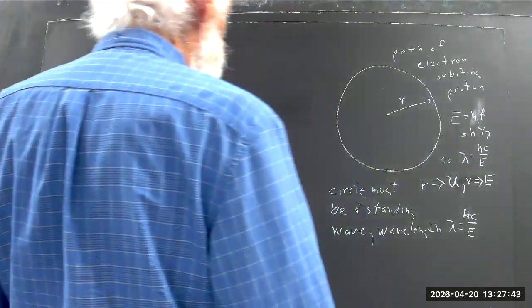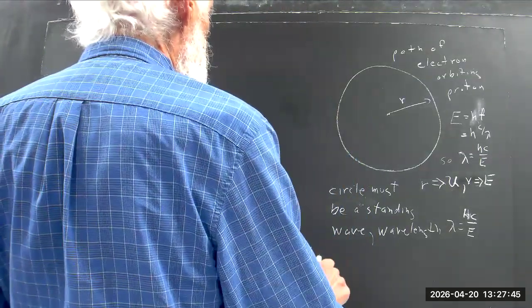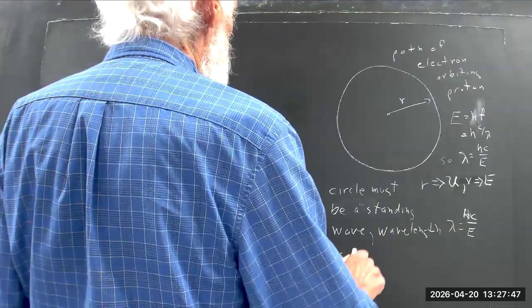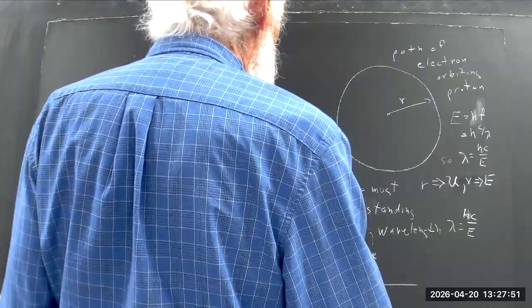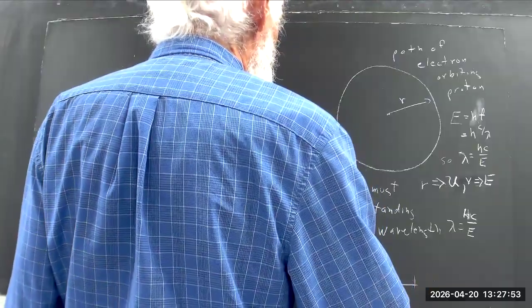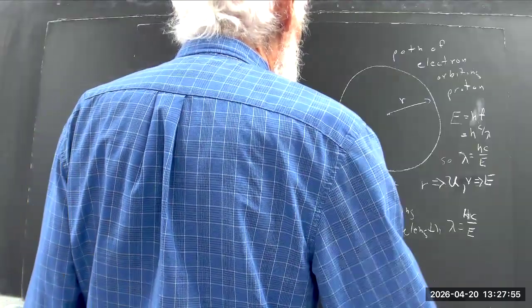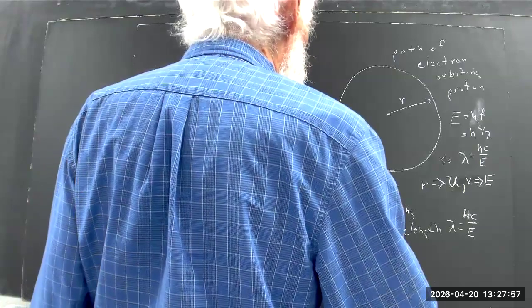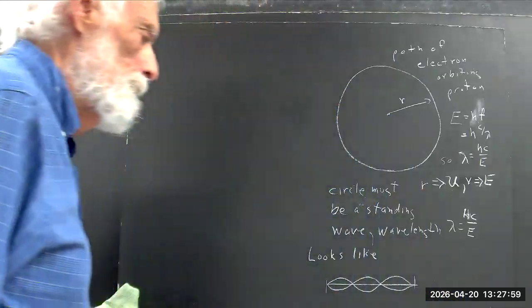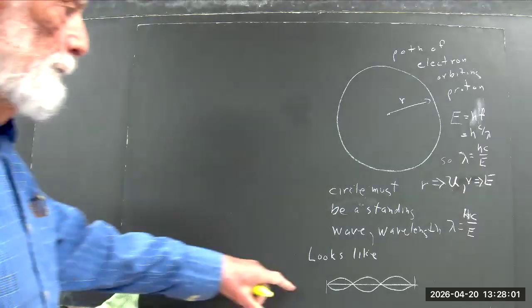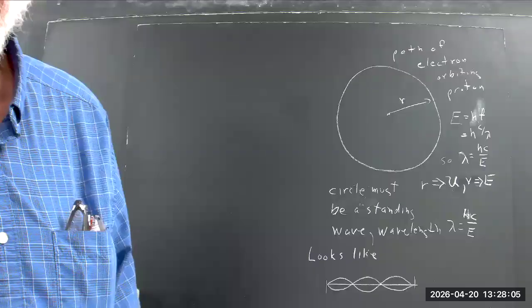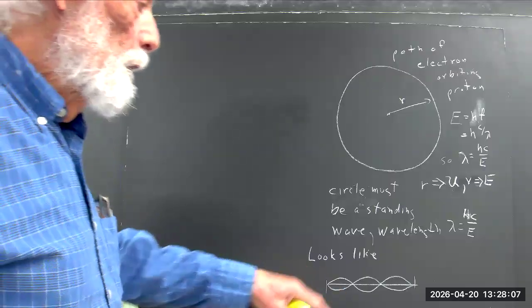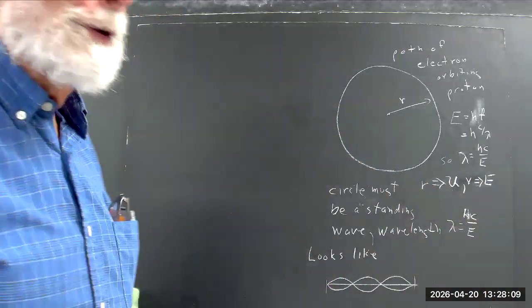What's that look like? Standing wave. Maybe it's a standing wave consisting of three wavelengths, okay? What's that look like when you wrap it around into a circle?